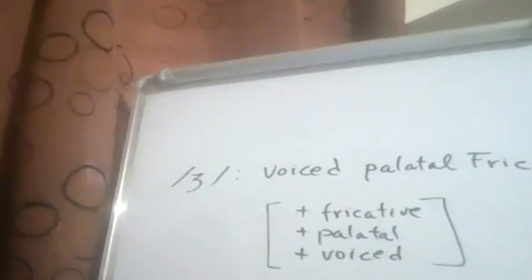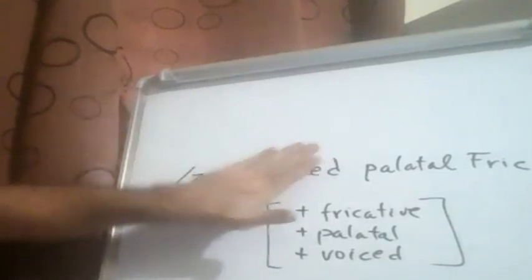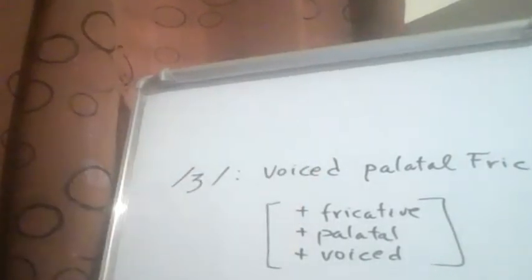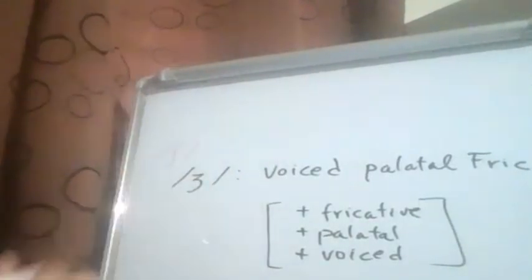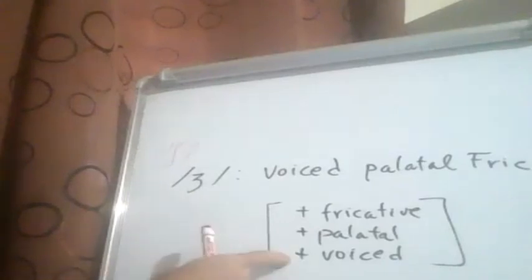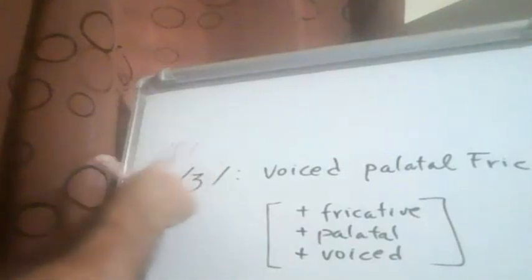Okay? If I don't specify the voicing, if I only say palatal fricative, then I am including the voiceless counterpart, which is this. Okay? So voicing is important for this specific sound.